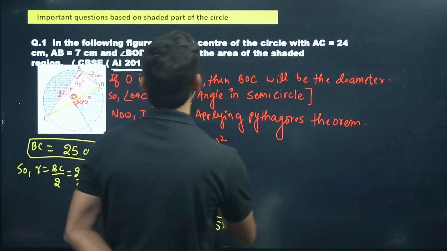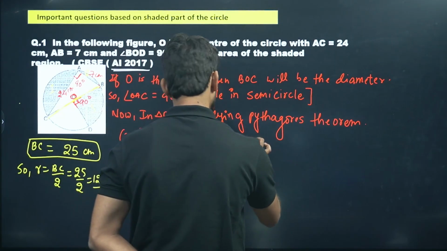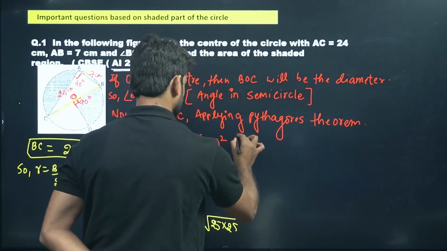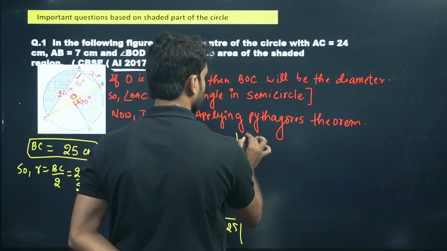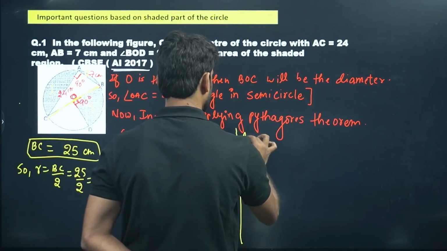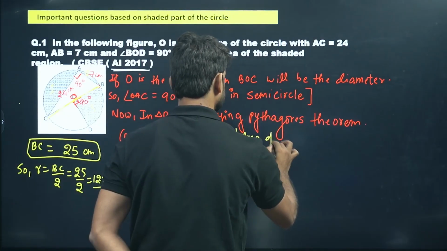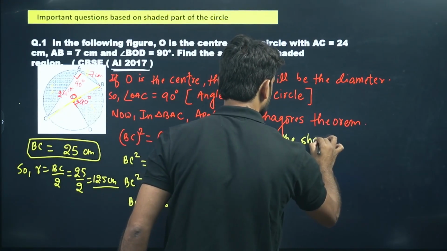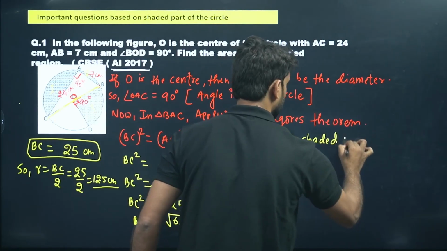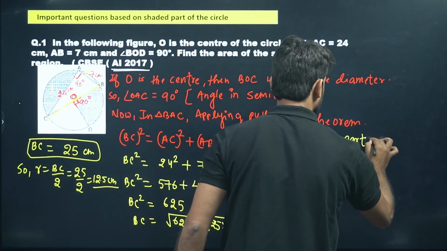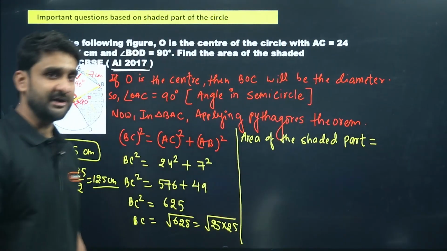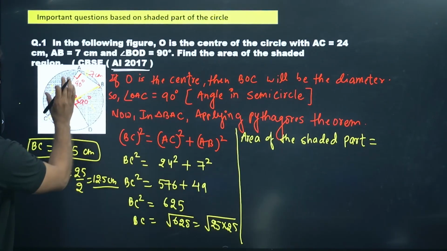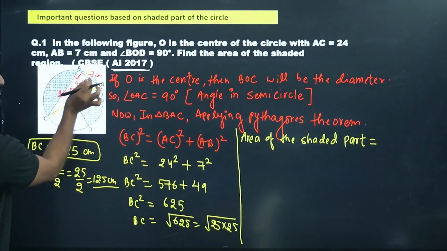I am writing the path first. So what will be the path? Area of the shaded part will be equal to, first I am writing the area of this and this.